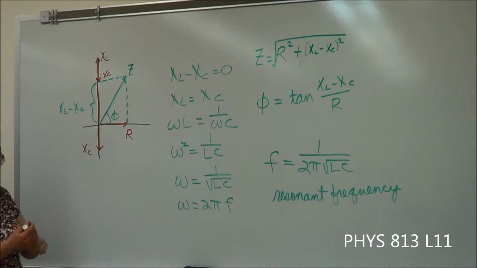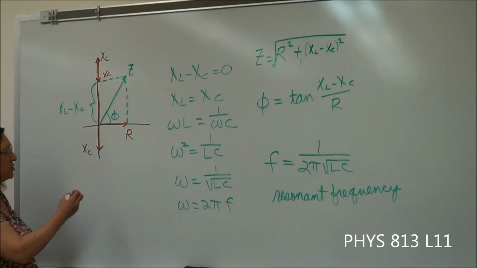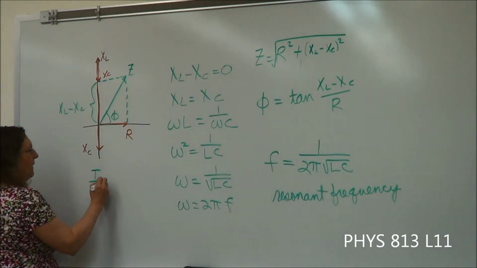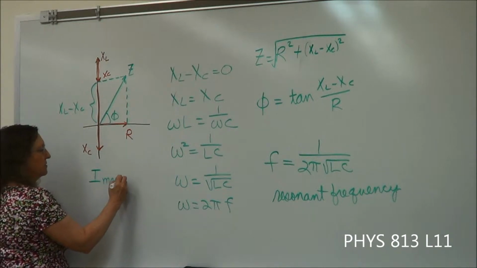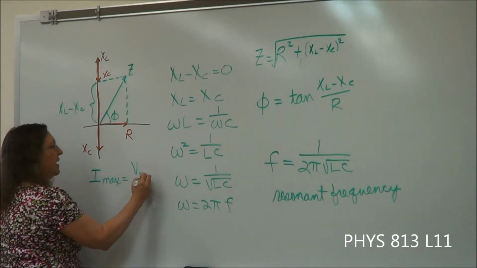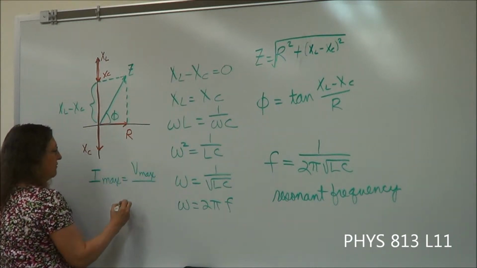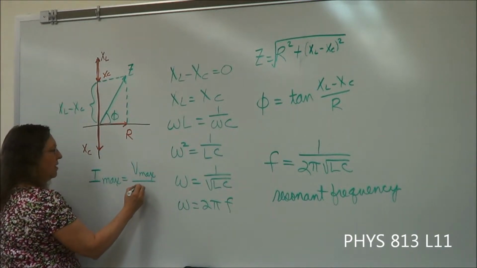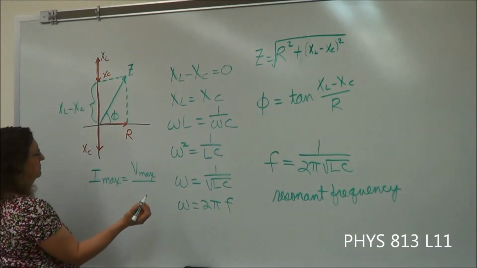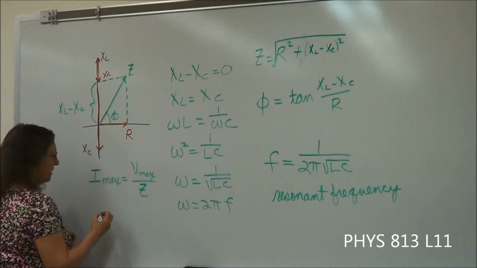And so from our equation that I mentioned earlier, I max is V max over impedance Z.